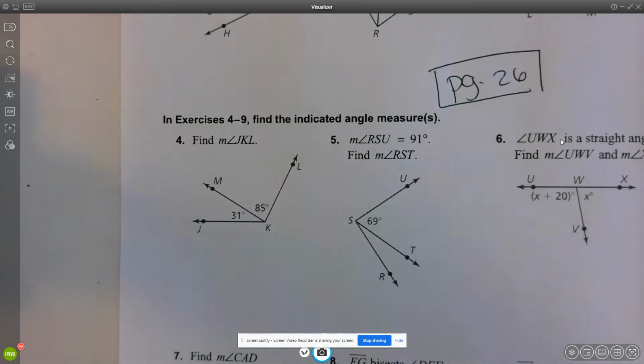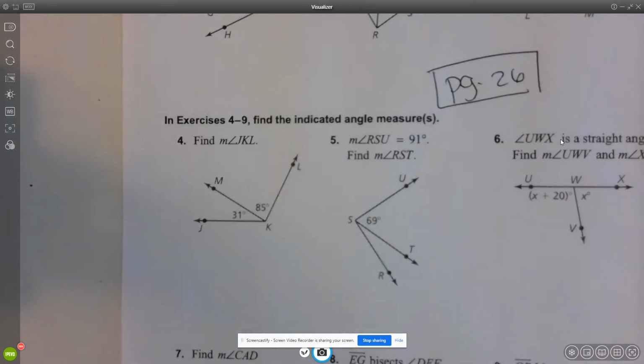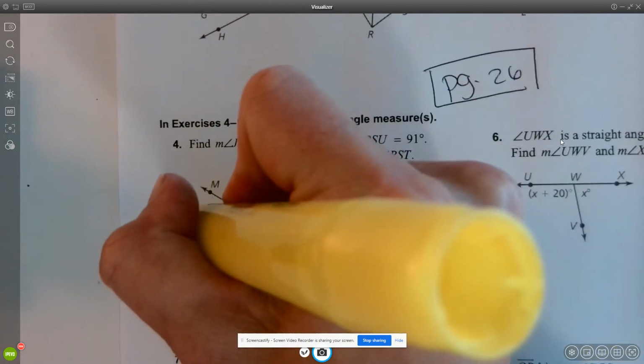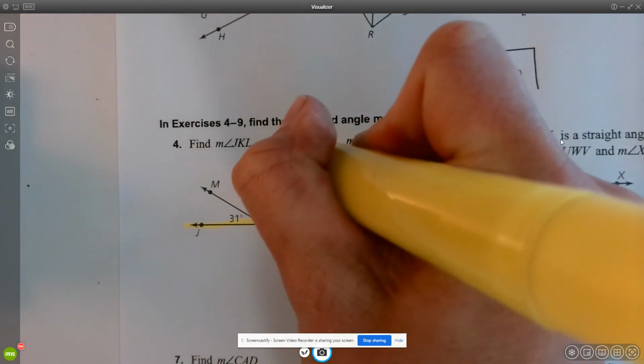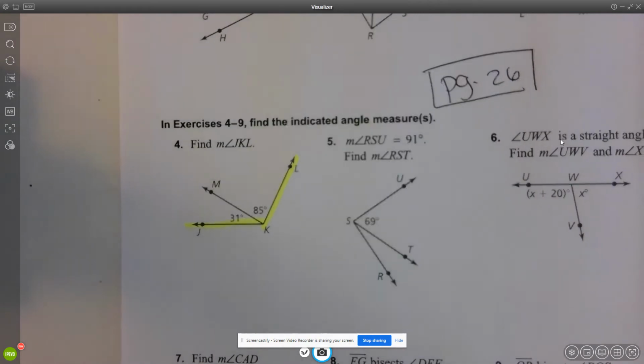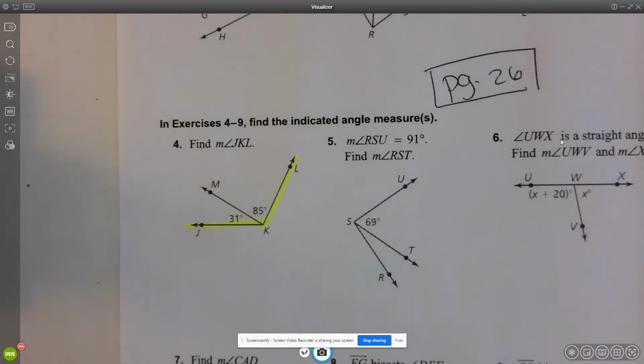So in number 4, they want us to find the measure of angle JKL. And sometimes it might be helpful to highlight or bold what angle you're trying to find. We want to find angle JKL. Some of you might know immediately what to do already, but we're going to use the angle addition postulate to set up an equation here.